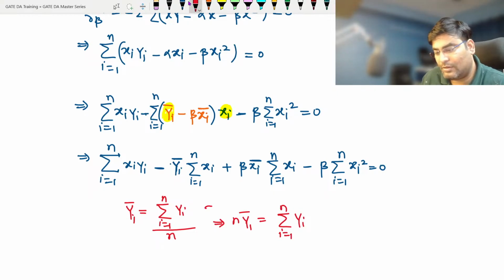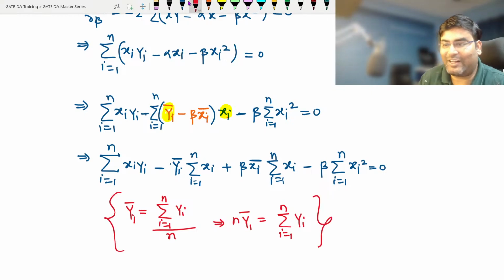Guys, come on, this is a very beautiful manipulation I'm going to do. So this y bar, if I multiply with n, can be written as something else, right? On the other hand, if you look at this, i equal to 1 to n xi, I can do something about it, right?